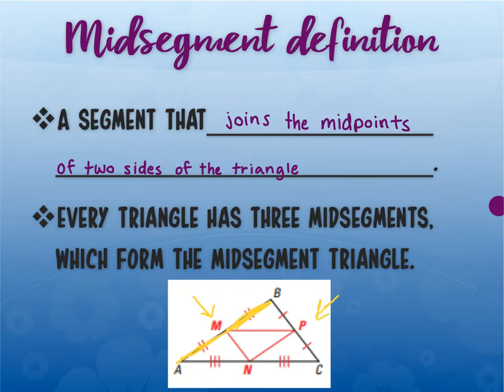P is the midpoint of BC and N is the midpoint of AC. So we just connect the midpoints with segments and it forms a triangle in the middle of the triangle. And it's called the midsegment triangle. So each triangle has three midsegments.